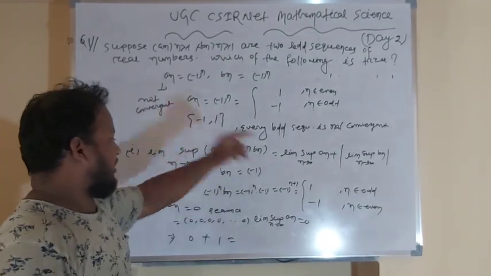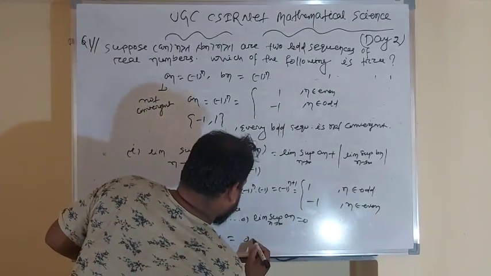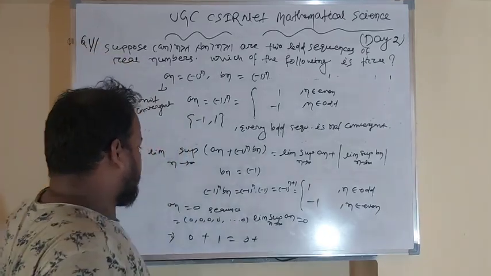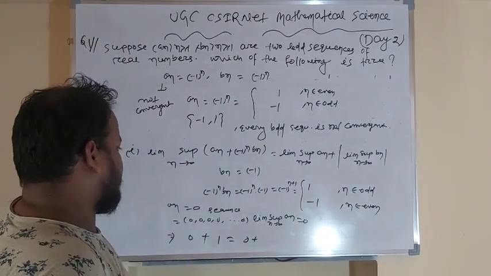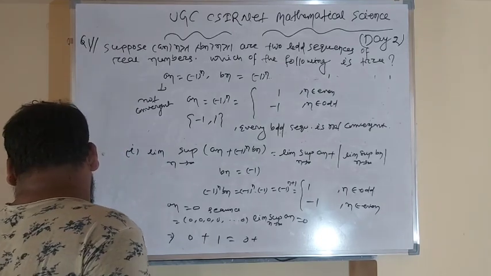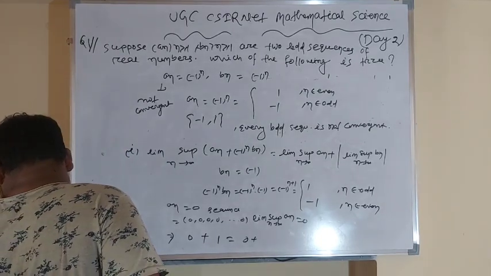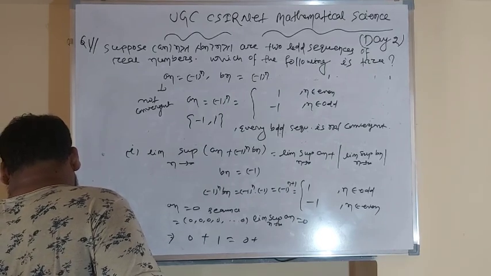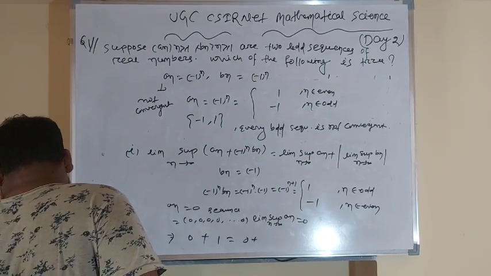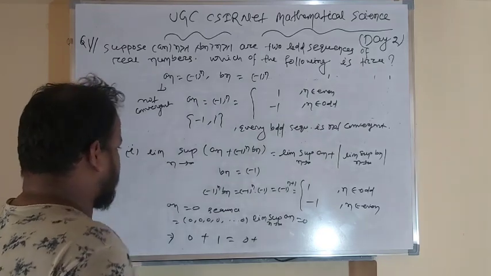According to this, limsup of the constant 0 plus b_n has a maximum value. The limsup of b_n as n tends to infinity takes any maximum value, that is 0 plus 1.